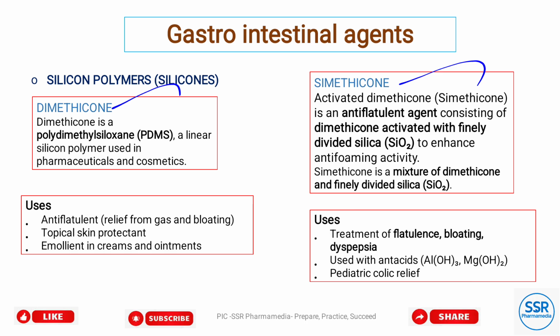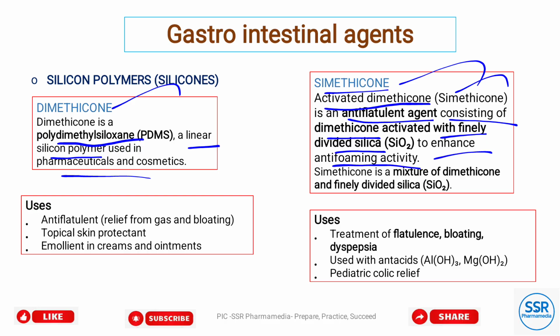Dimethicone is a polydimethylsiloxane. It is a linear silicone polymer used in pharmaceuticals and cosmetics. Activated dimethicone is called simethicone. It is an anti-flatulent agent consisting of dimethicone activated with finely divided silica to enhance antifoaming activity.